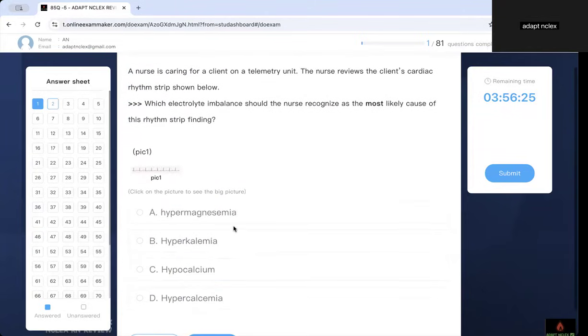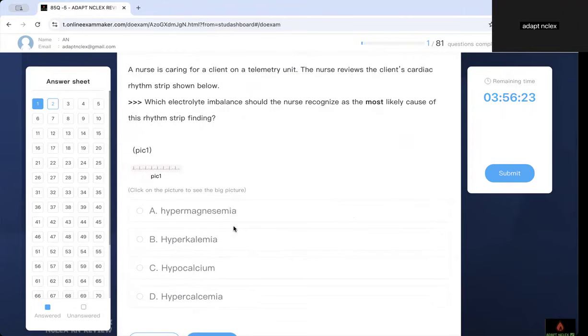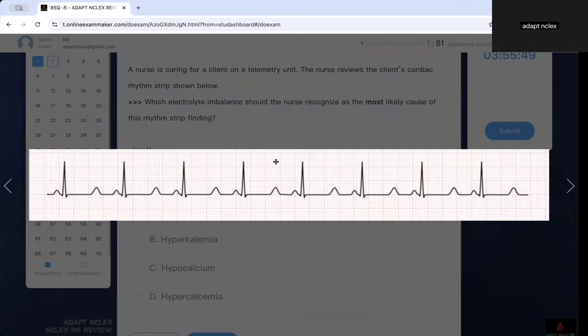Next question. A nurse is caring for a client on a tele unit. The nurse reviewed the client's cardiac rhythm strip below. Which electrolyte imbalance should the nurse recognize as the most likely cause of this rhythm strip? High level of magnesium, hyperkalemia, hypocalcemia, hypercalcemia. And what is the rhythm? This is the rhythm you see. How do you answer an EKG question?